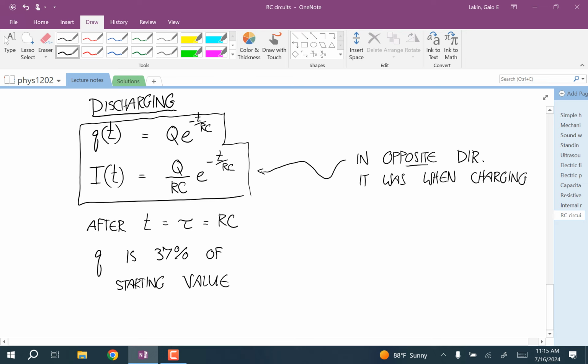And I is 37% of its starting value. That starting value being at time equals 0.